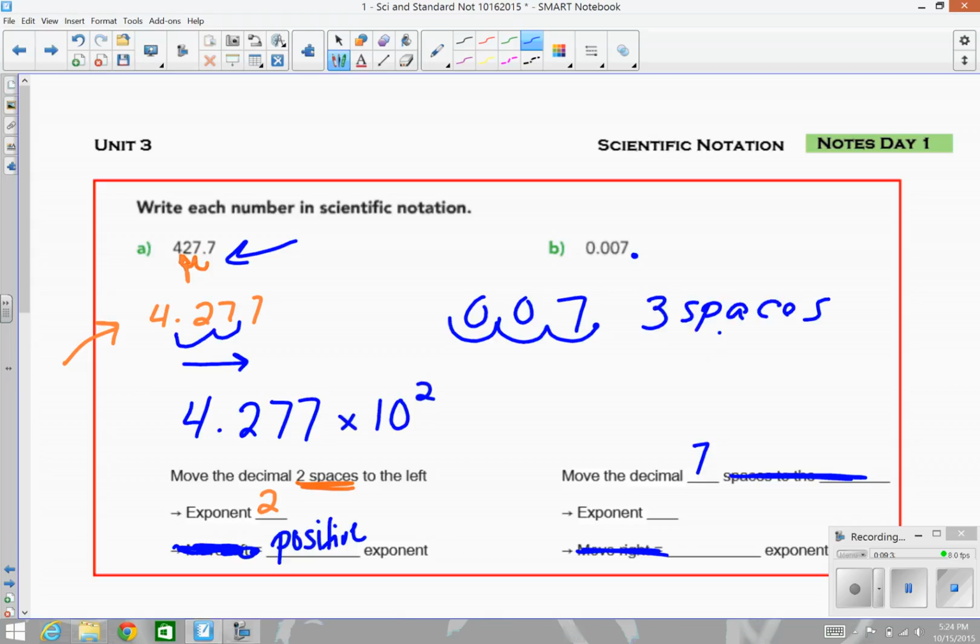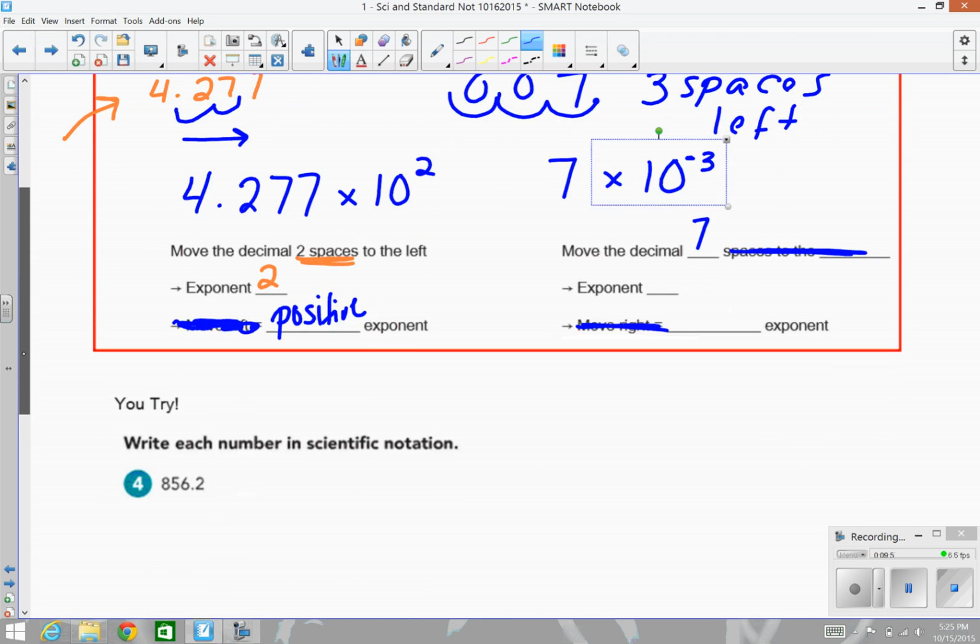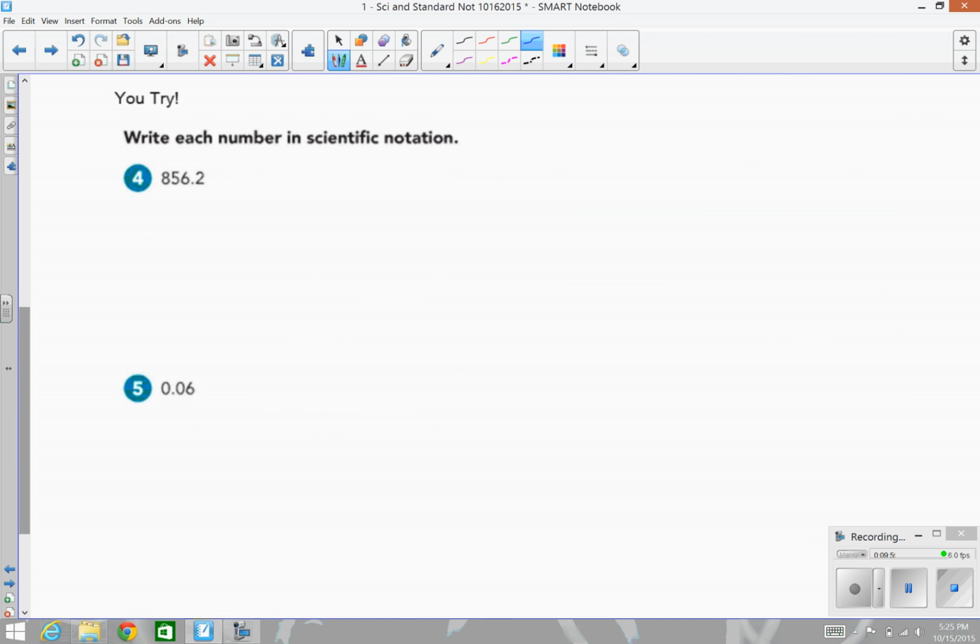And I would have to move to the left to get back to where I started. So that tells me that I'm going to have 7 times 10 to the third power. It's third power because it's 3 spaces, but it's going to be negative because I have to move to the left to get back to where I started. It can be a little tricky to figure out which direction you're going in, so we'll keep practicing that.